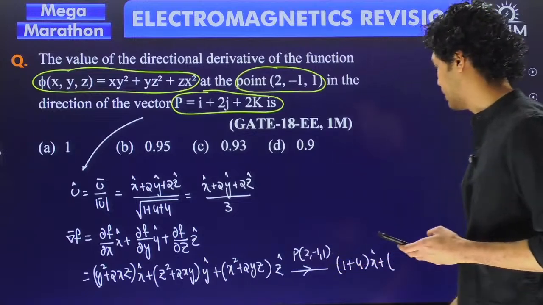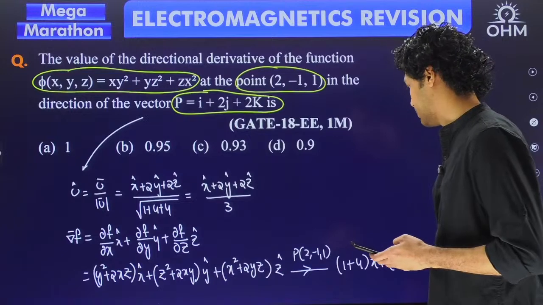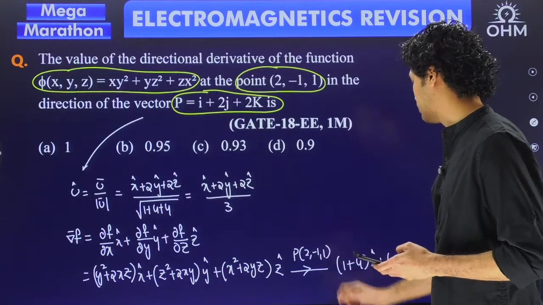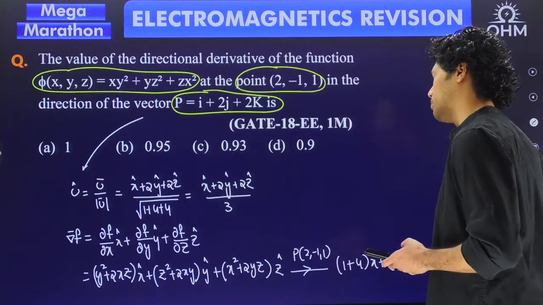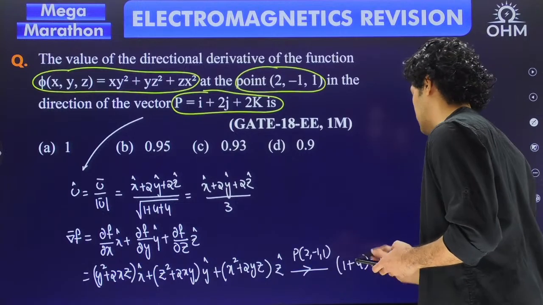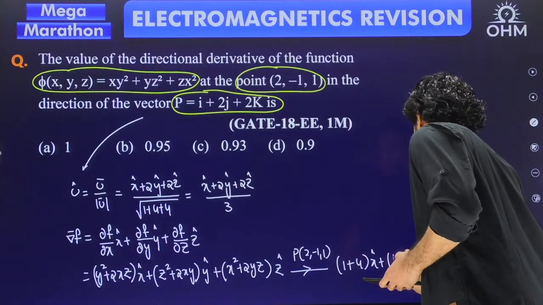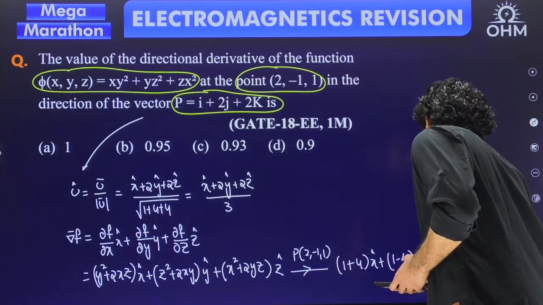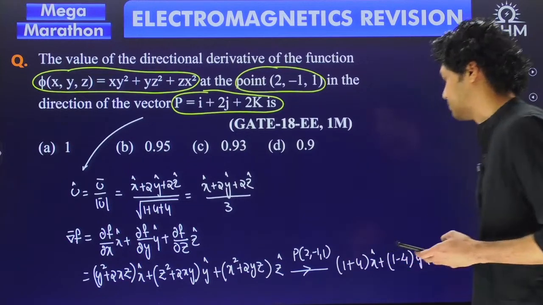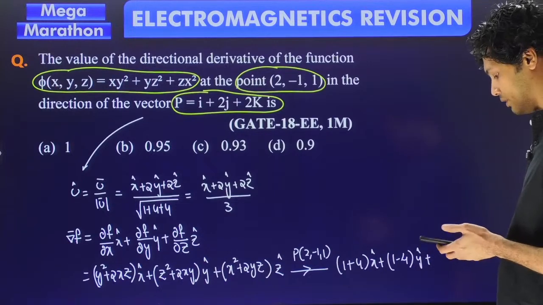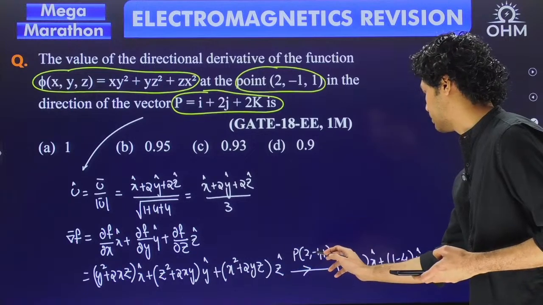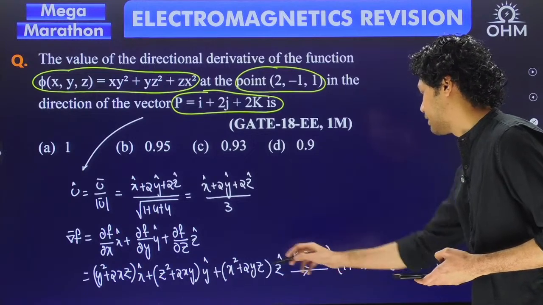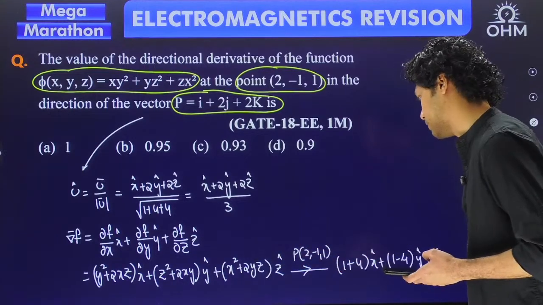Plus y cap: z square is 1, 2xy, xy is minus 2, and minus 2 into 2 is minus 4. So we get 1 minus 4 y cap. Plus lastly, x square plus 2yz. What is 2yz here? y is minus 1, z is 1, so this is minus 2.